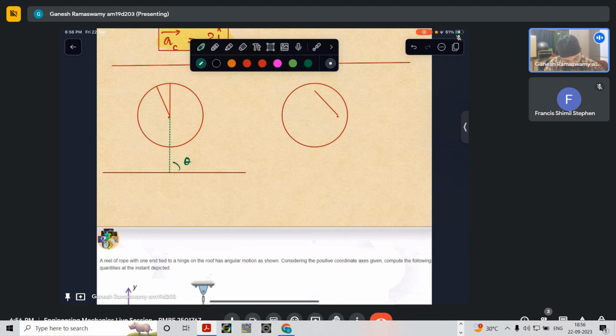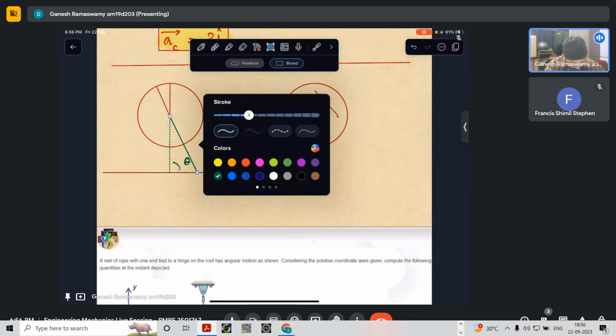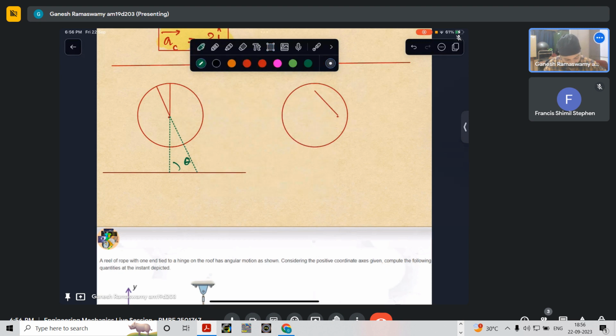So now this will be my line joining the fixed reference, in which case now it has gone to theta plus delta theta. That delta theta by delta t is what is your angular velocity of this object. Same applies to this also.